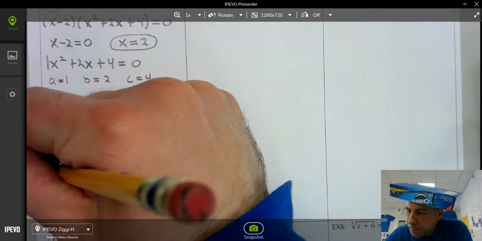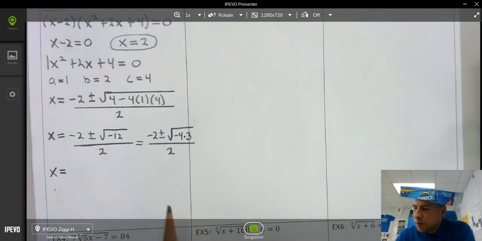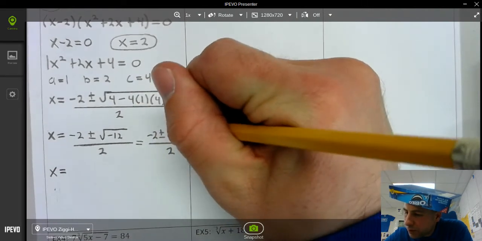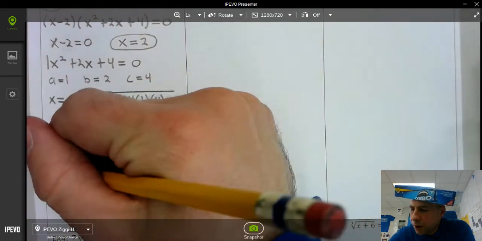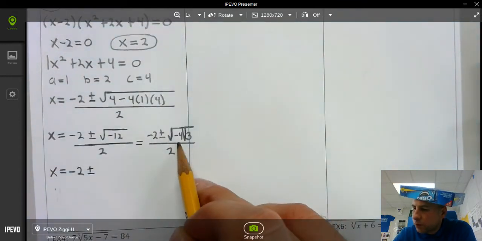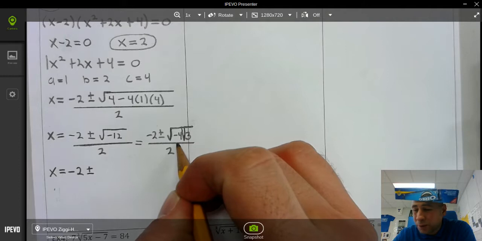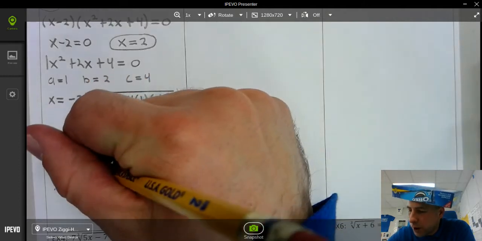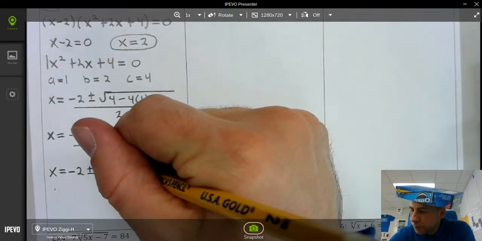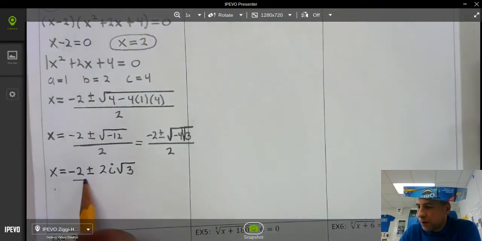Why that's important is because now I'm going to take the square root of each of those separately. Negative 2 plus or minus the square root of negative 4: because it's the square root of a negative number, it's going to be i. The square root of 4 is 2, so that's 2i times the square root of 3, and that's all divided by 2.